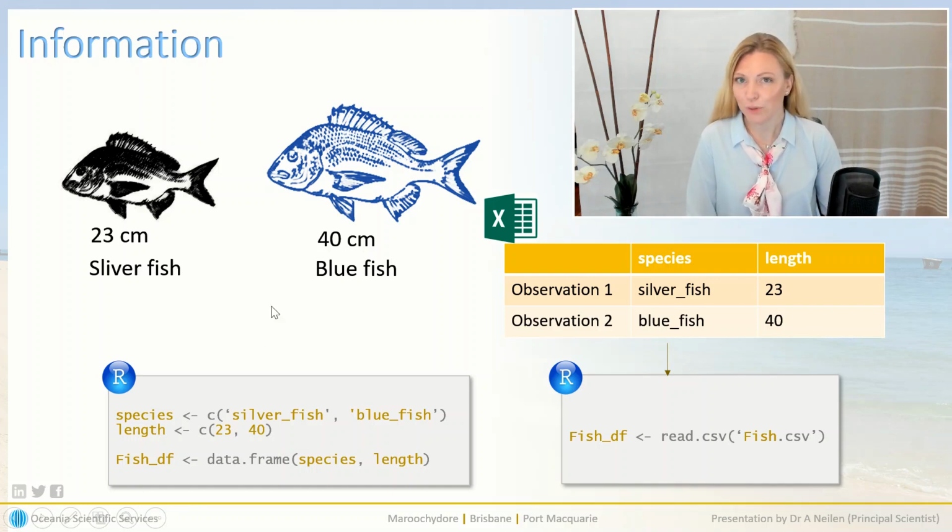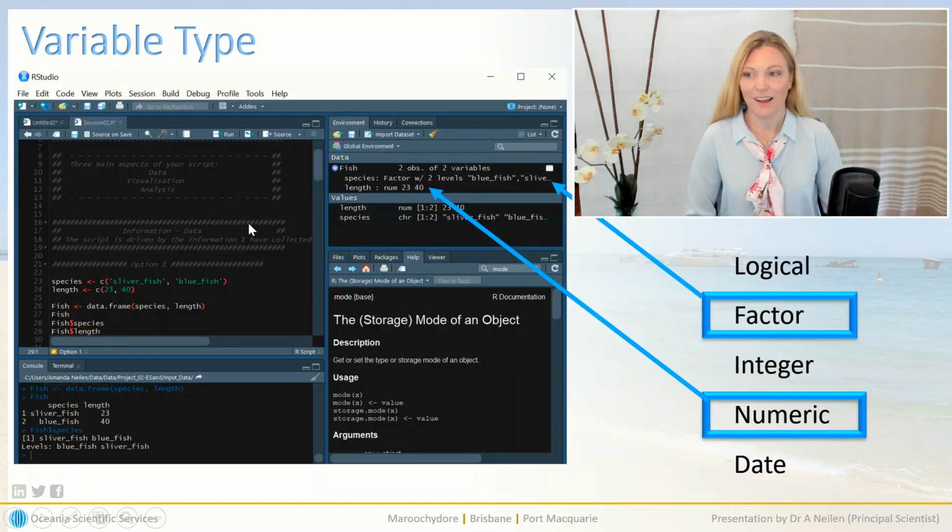Now, if this was Excel, the thing you might be more familiar with is setting up a species column and a length column, and each row would be a different observation. Once we've run this code, what you'll notice is when we generate our data frame, we'll end up with one of our columns being a factor or character and one being numeric.